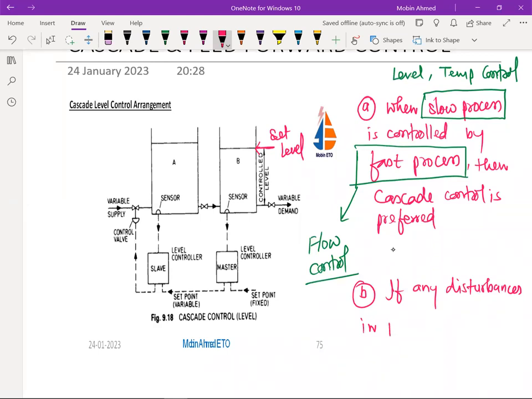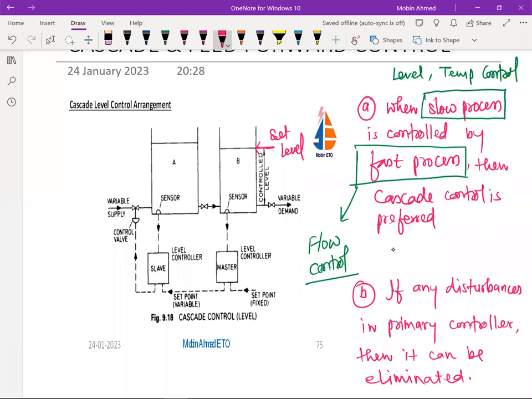If any disturbances in primary, this is known as a primary controller, then it can be eliminated.